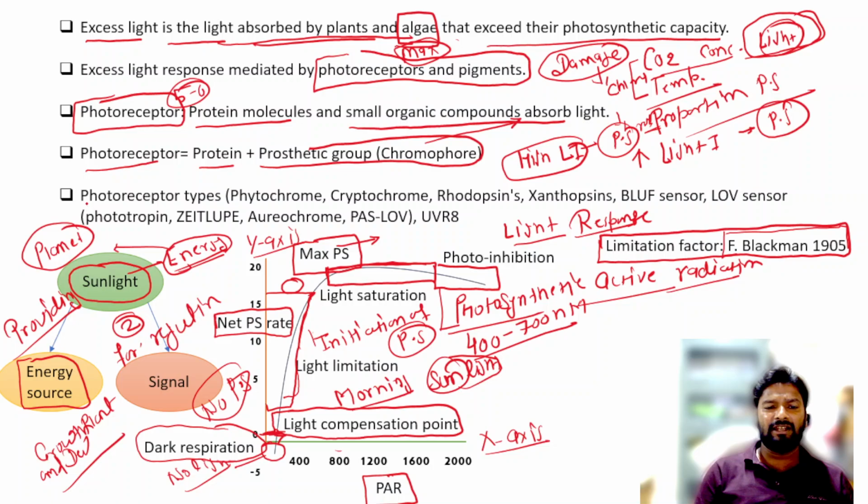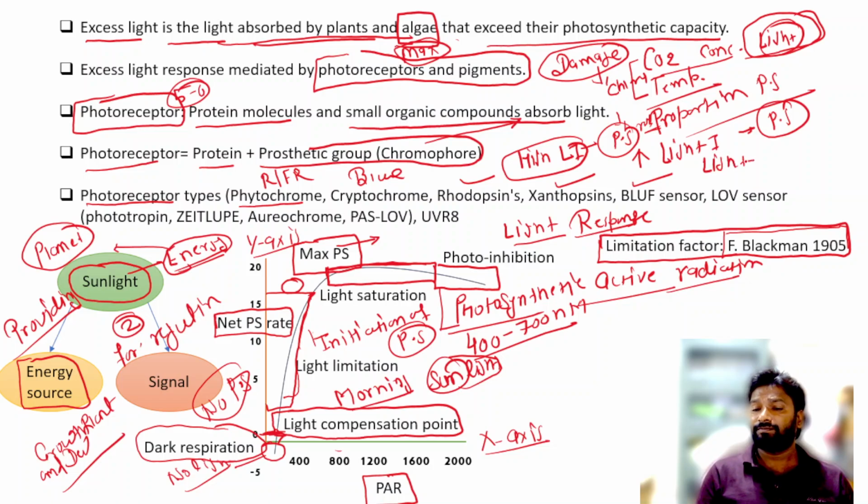And in plants there are a number of photoreceptors such as phytochromes. These receptors respond to the red and far-red light, cryptochrome for the blue light, rhodopsins, xanthopsin, blood sensor, light, oxygen, voltage sensor that is known as LOV sensors. And in this, phototropin, and so on.